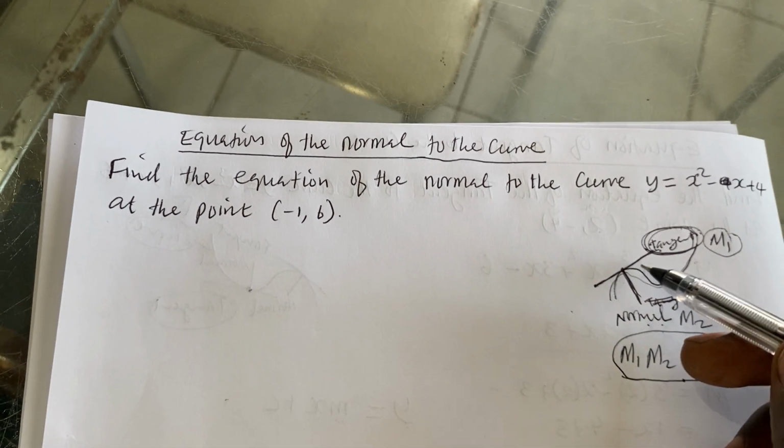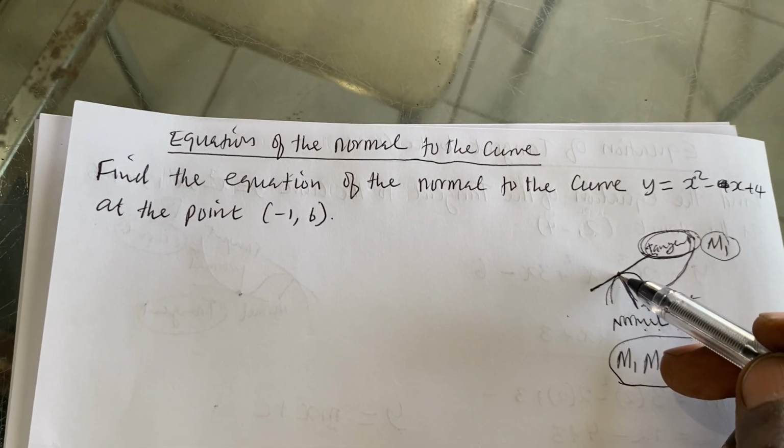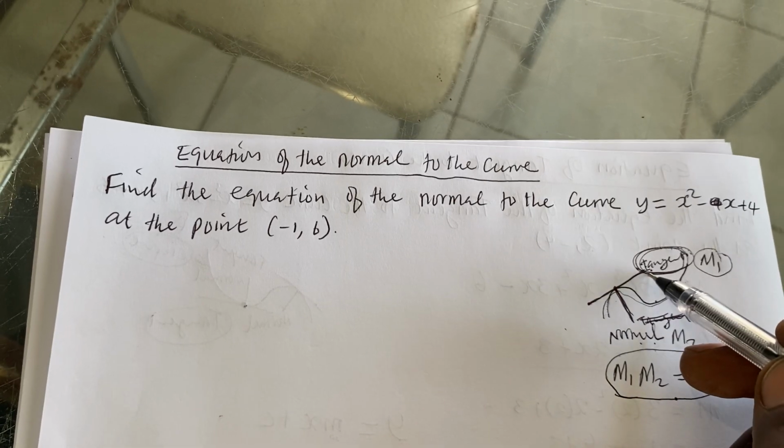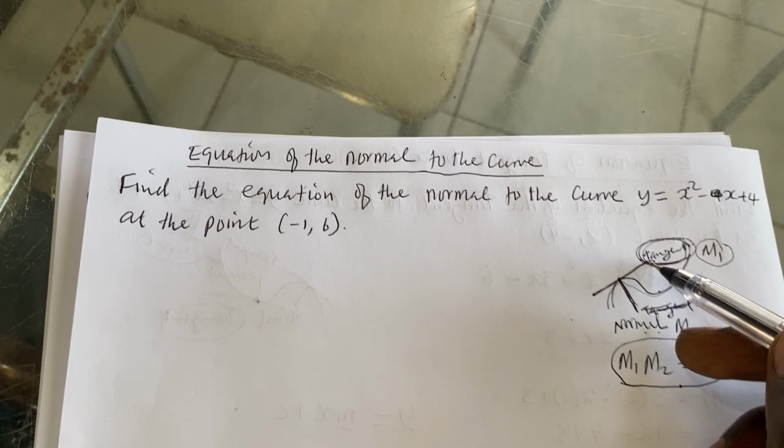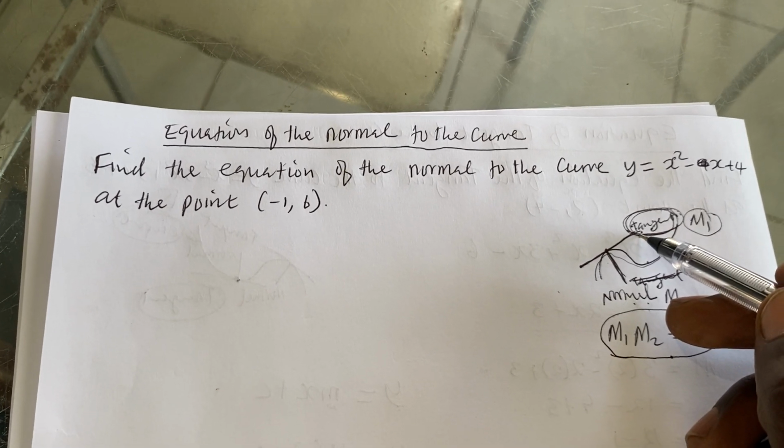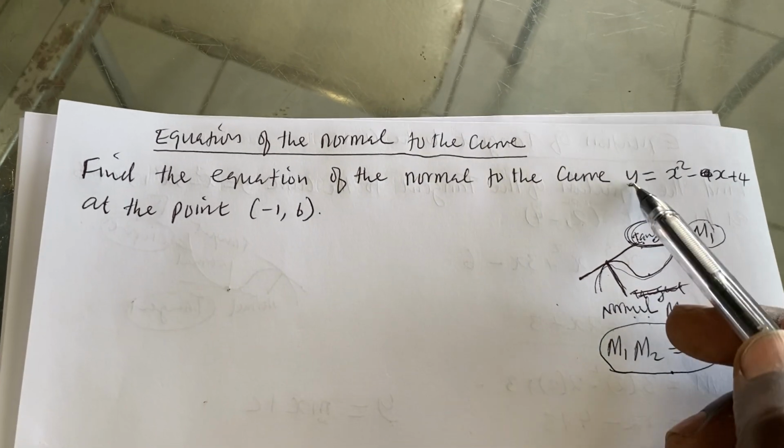So first you're supposed to find the gradient of this curve, which is also equal to the gradient of the tangent. By doing that, we use what we call dy/dx. We find the dy/dx of the curve.